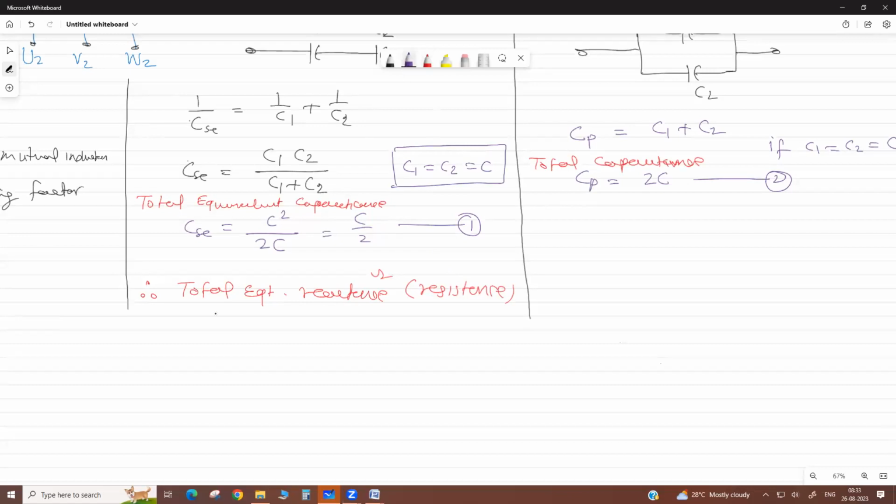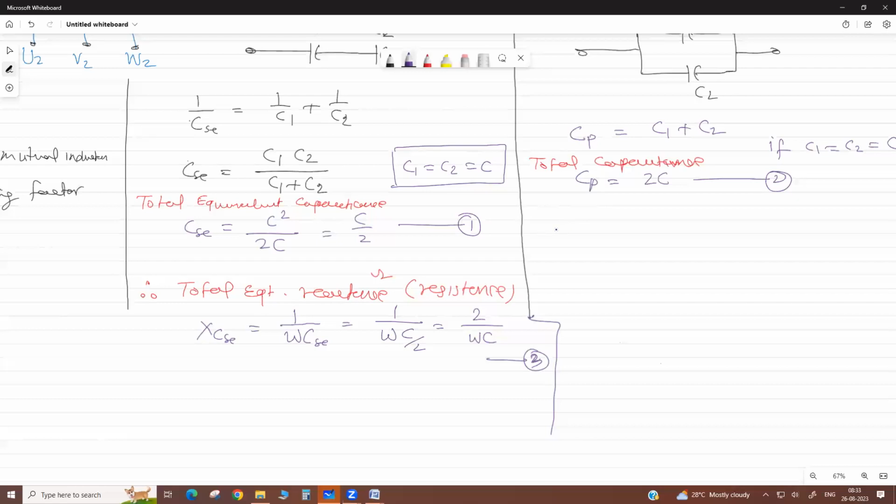So see the total equivalent reactance. For series, XC equals 1 by omega C. Now in series the total capacitance is C by 2, so it is 1 by omega C by 2, which is 2 by omega C. Please write this as equation 3.